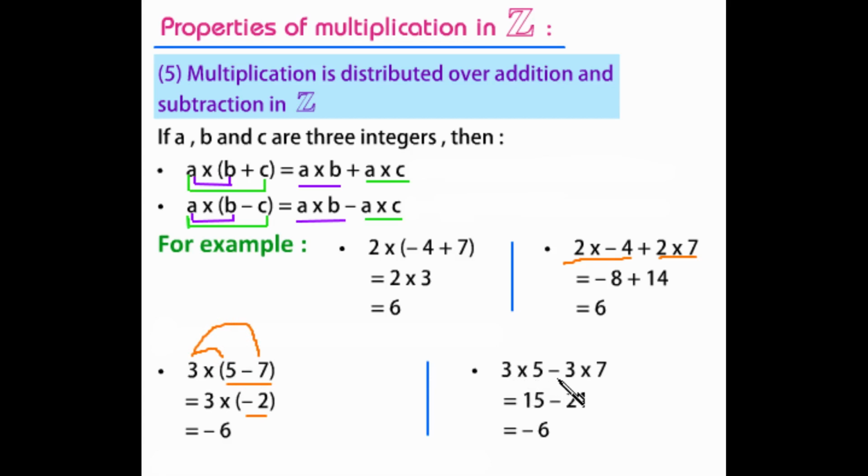At first, 3 times 5 equals 15. 3 times 7 equals 21. 15 minus 21, write the sign of the greatest number and find the difference between the two numbers, equals negative 6.